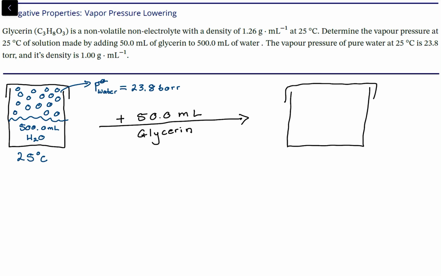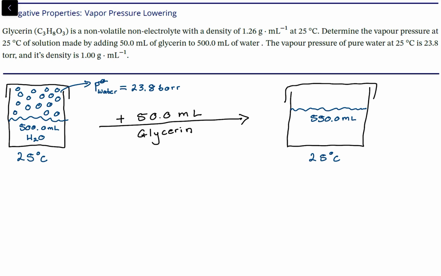The temperature doesn't change, still at 25 degrees Celsius. Its volume is, of course, going to increase slightly. So all that you have now is a total volume of 550.0 milliliters, or roughly, but that's not too important.